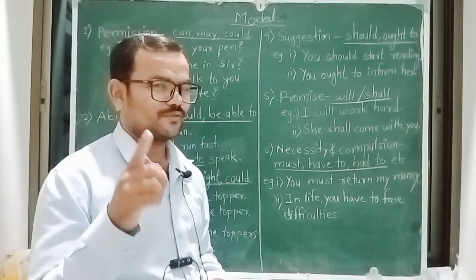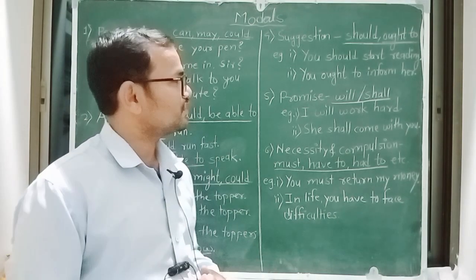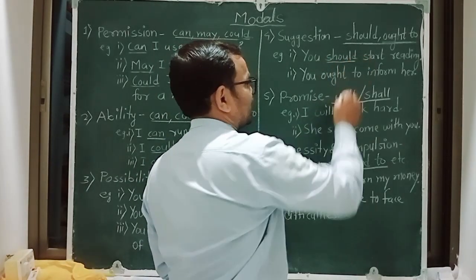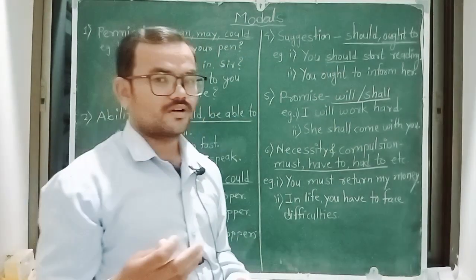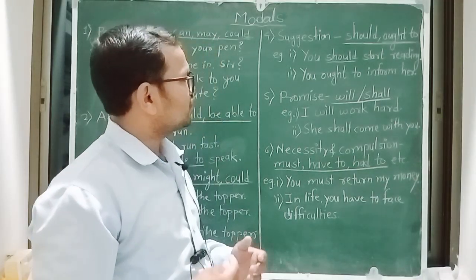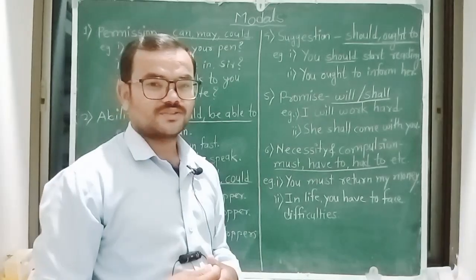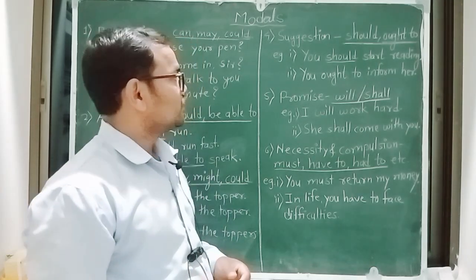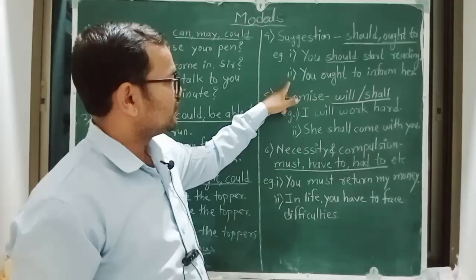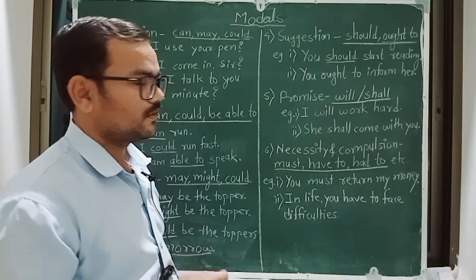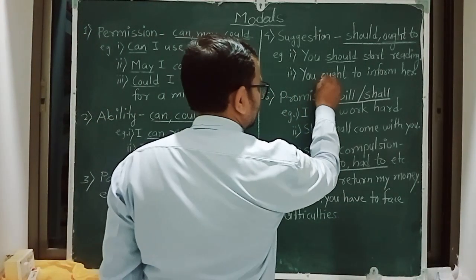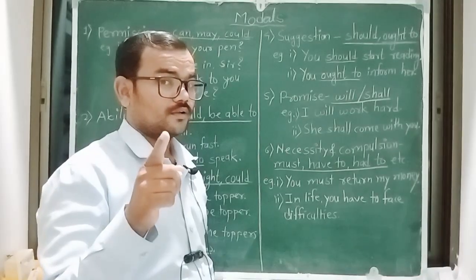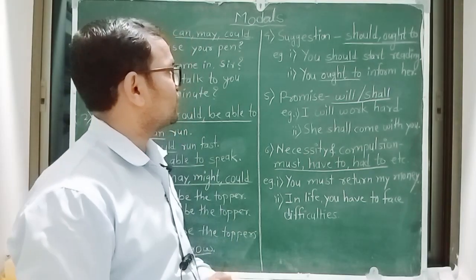Now the next category is modal auxiliaries expressing promise. There are two modal auxiliaries used to express promise: will and shall, right? As you know, we generally use shall with the first person pronouns, I and we, which are generally followed by shall.